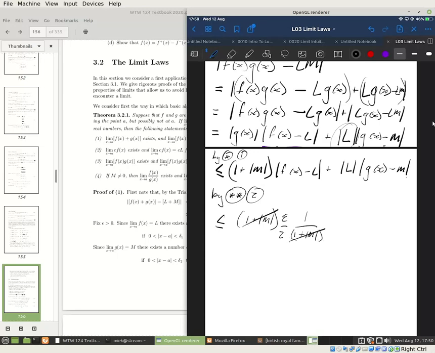That cancels with that. And what are we left with? Plus absolute value L times absolute value g of x minus m. Okay, halfway there. This is equal to epsilon over 2 plus absolute value L, g of x minus m. Good. Now we just need to take care of this one.